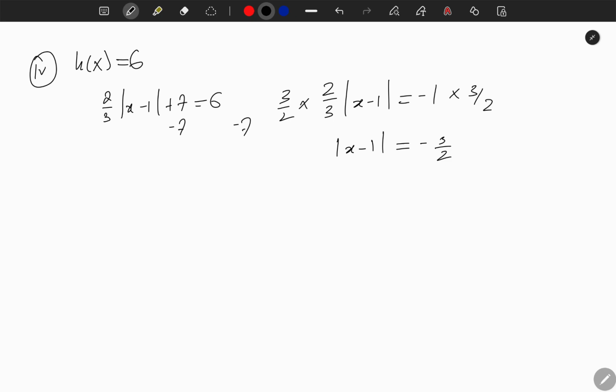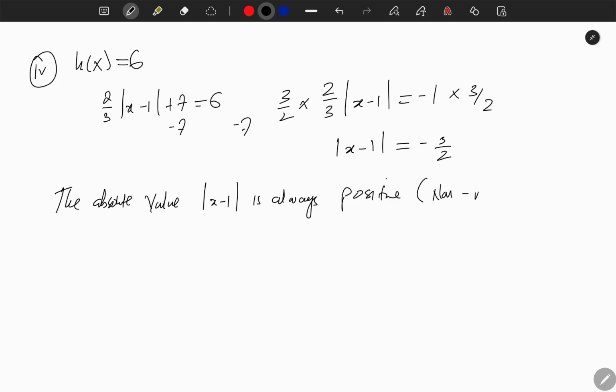Just write a conclusion. Just say the absolute value is always positive, or you can say it's always non-negative, depending on what you are comfortable to use.